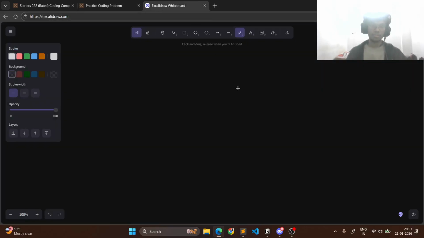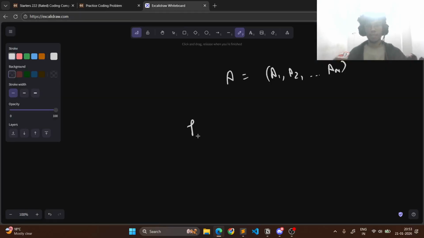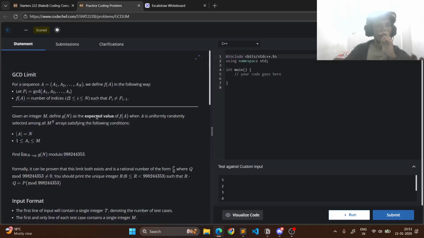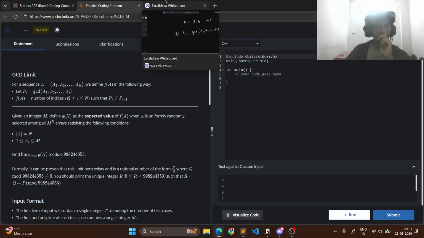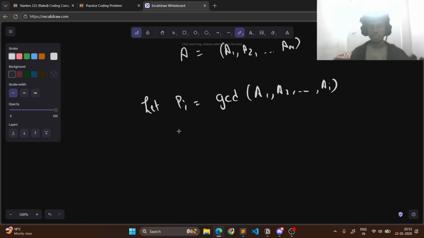Okay. So we have been given a sequence A from A1, A2 to AN. Now let P of I equal GCD of A1, A2, and all the way up to AI. So this is the value of P of I, and f of A equals the number of indices. I'm actually forming the array already, and this is the array P: P1, P2, all the way up to Pn.